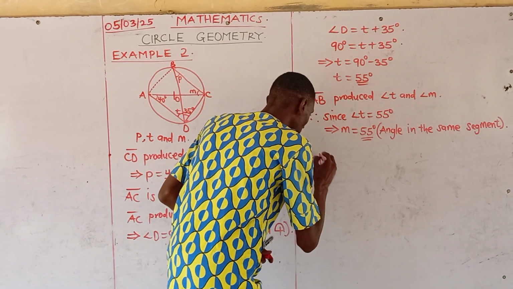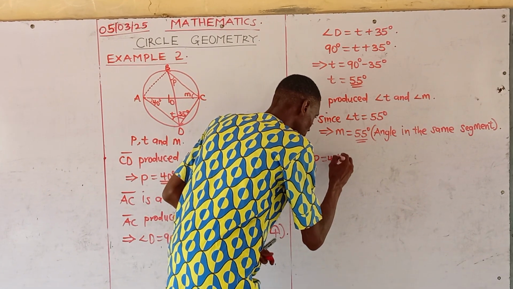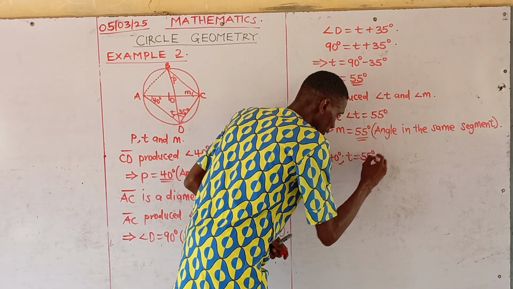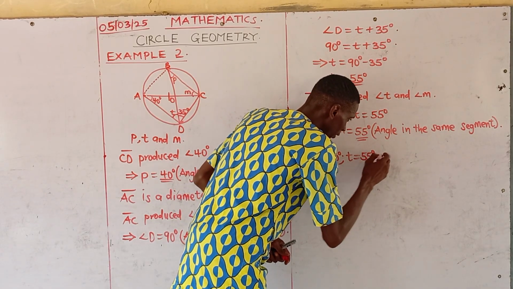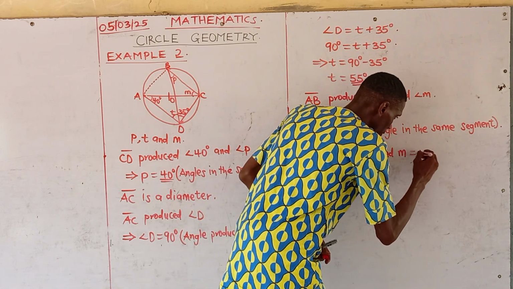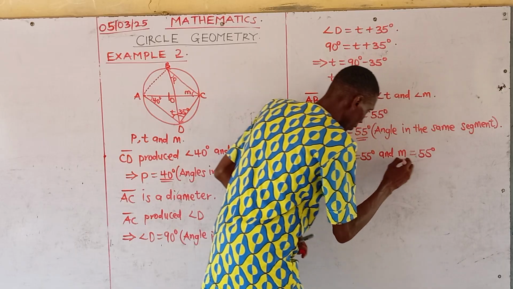Therefore, P is equal to 40 degrees, T is equal to 55 degrees, and M is equal to 55 degrees.